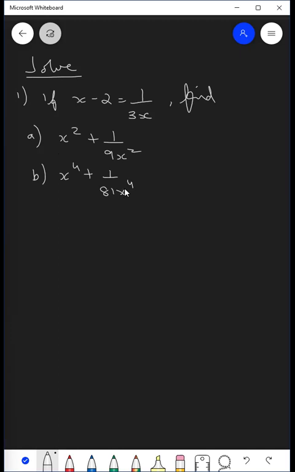Quickly solve this. If x minus 2 is equal to 1 by 3x, find the values of x squared plus 1 by 9x squared and x to the power 4 plus 1 by 81x to the power 4.